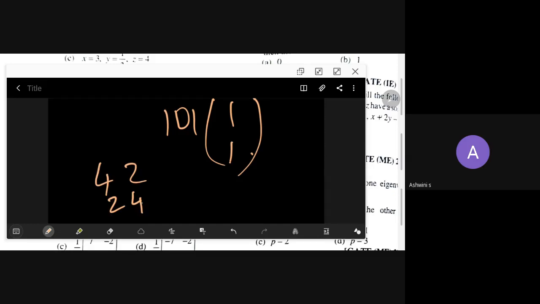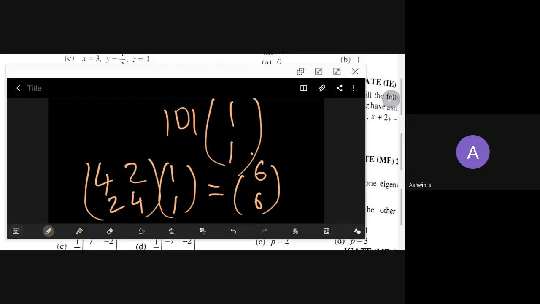You just multiply by 1 here, that gives you 4 plus 2 is 6 here, and 2 plus 4 is 6 here. You have [1, 0, 1] here. So [6, 0, 6].